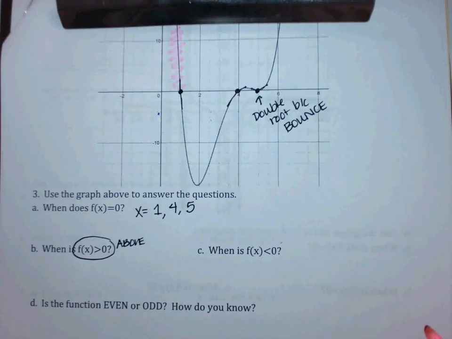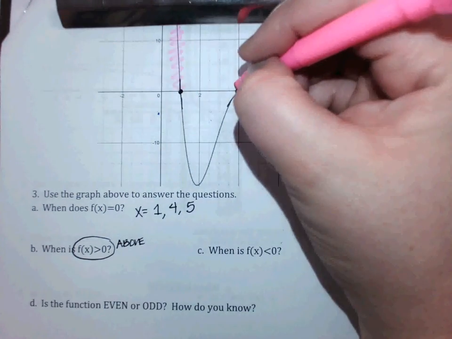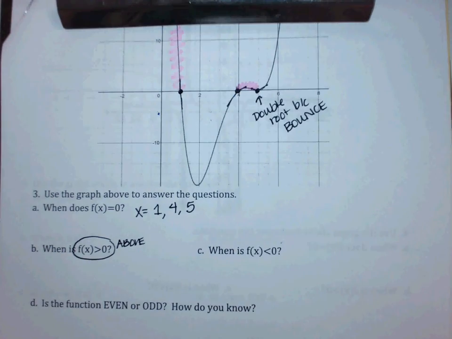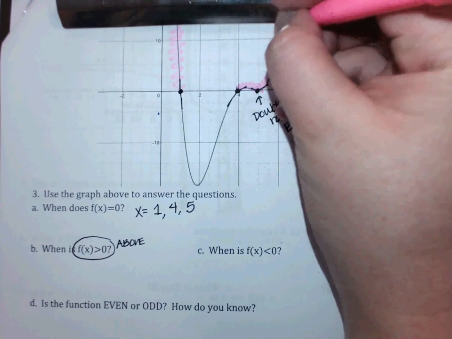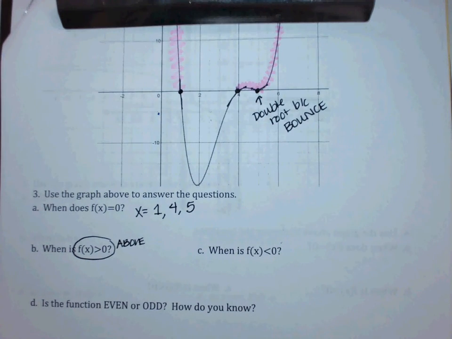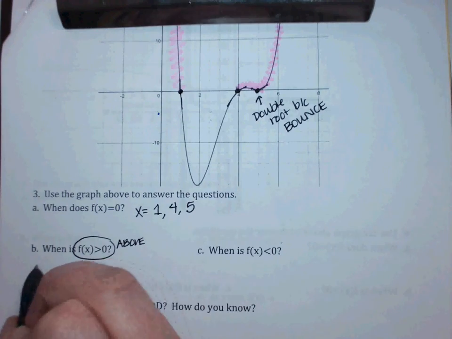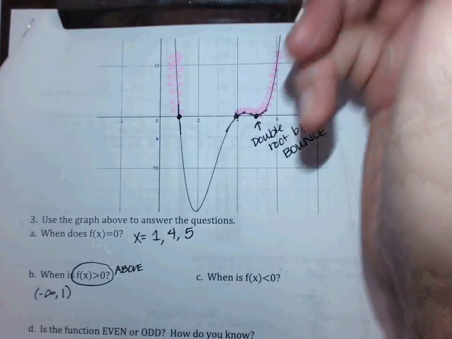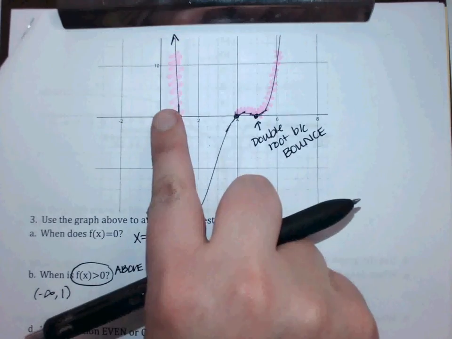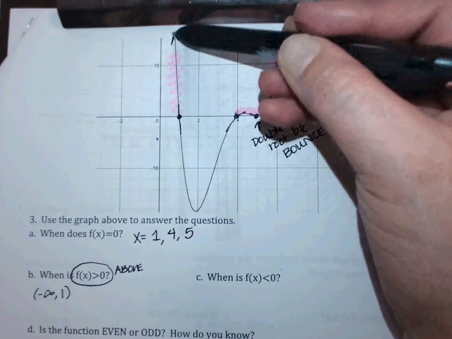Then it goes negative for a while. Then I have a little positive section here. And then I have a positive section here. So I'm actually going to say from negative infinity to 1, because I'm going all the way back to the very end of this graph. So that would be going to the left forever.